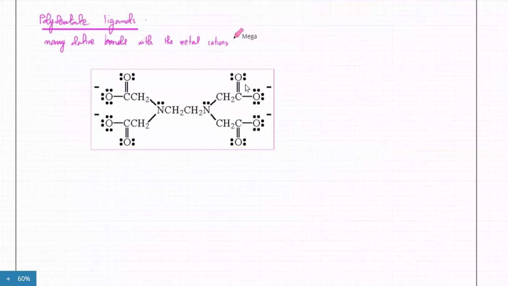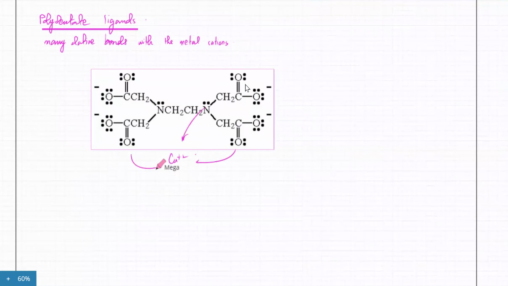Now, the idea is that if you have a copper +2 ion or any metal cation, then this molecule and its lone pairs are going to get attracted to this copper +2 from all sides.